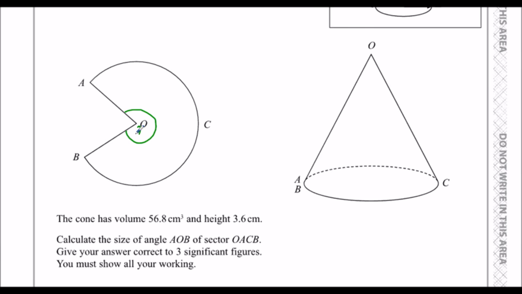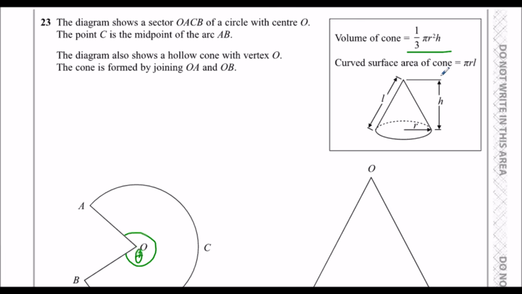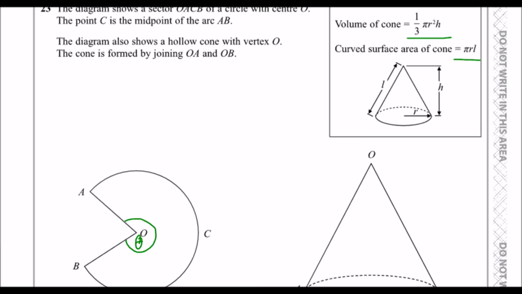I'll call that theta. We're told information about the cone, and we've got the volume of a cone and the curved surface area of a cone formulas, which is a clue as to what we will be using.